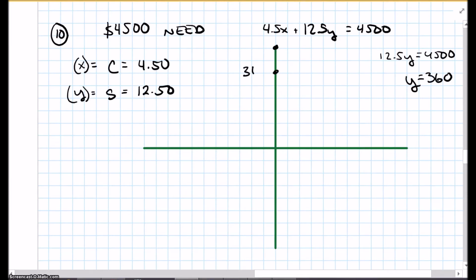Let's make that 360 right there. Okay? So now when y equals 0, 4.5x equals 4,500. Well, x is going to equal 1,000. So when y is 0, x is 1,000. So there you go, 1,000.